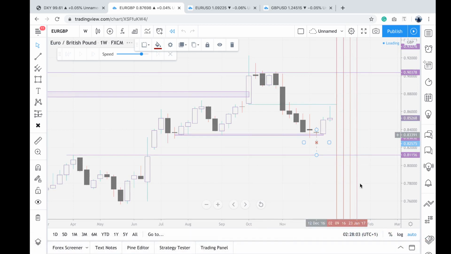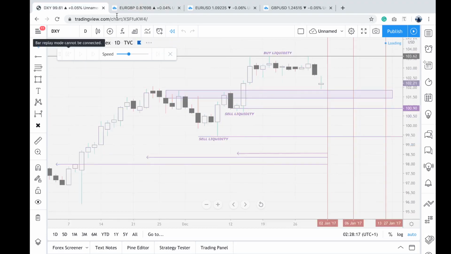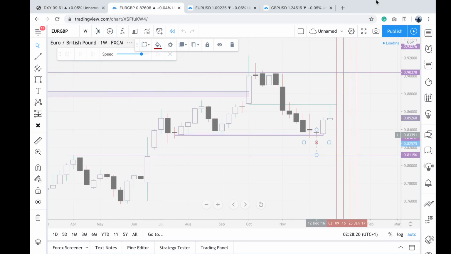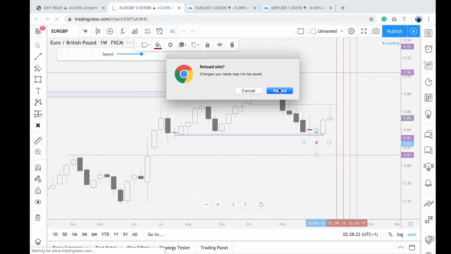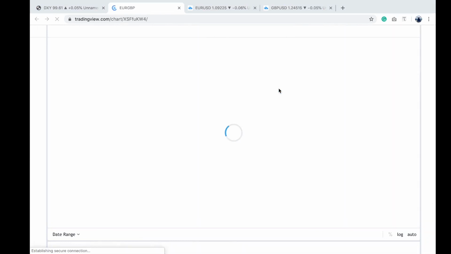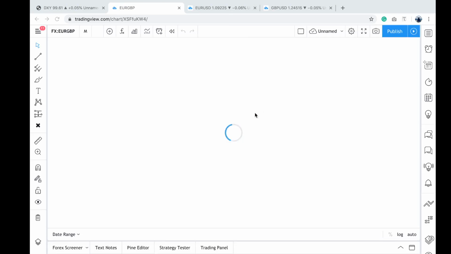I don't know why my laptop is disconnecting from my Wi-Fi. Something is definitely wrong. Let's get this fixed. The Wi-Fi is still connected, probably just lagging.